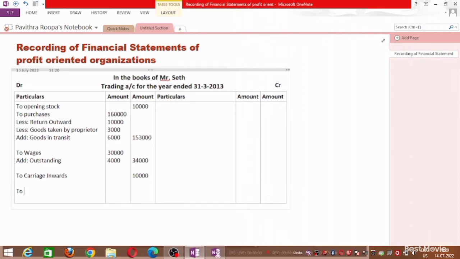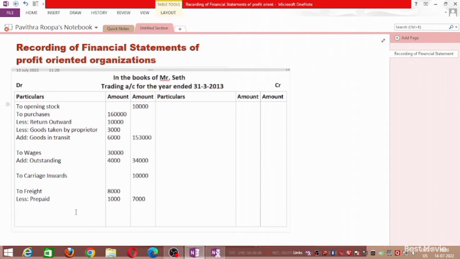Next, freight. For freight, there is an adjustment, right? So writing it in the inner column is the amount, and let's see the adjustment. Prepaid freight they have given, so that should be deducted. The amount is 1,000. So total is 7,000.